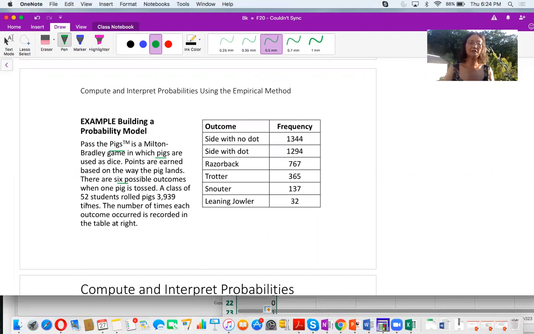A class of 52 students rolled pigs 3,939 times. The number of times each outcome occurred is recorded in the table here. The first column is the outcome when the pigs are landing. The second column represents how many times in this landing position.